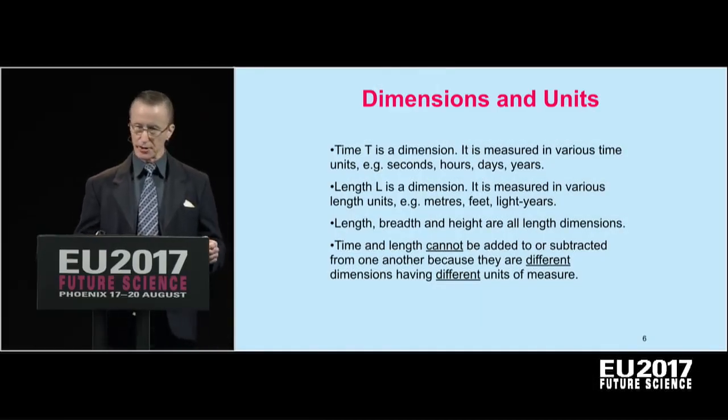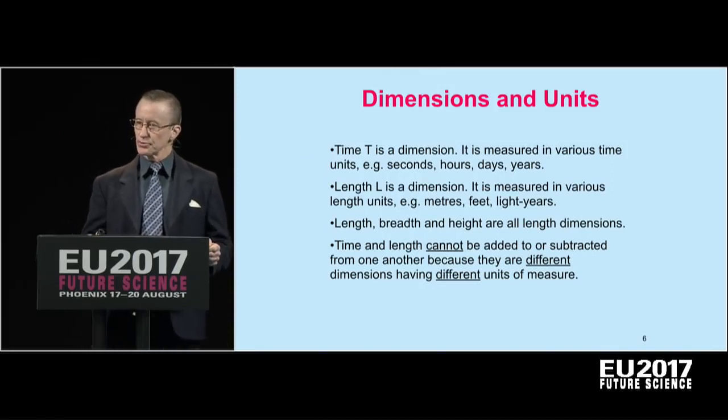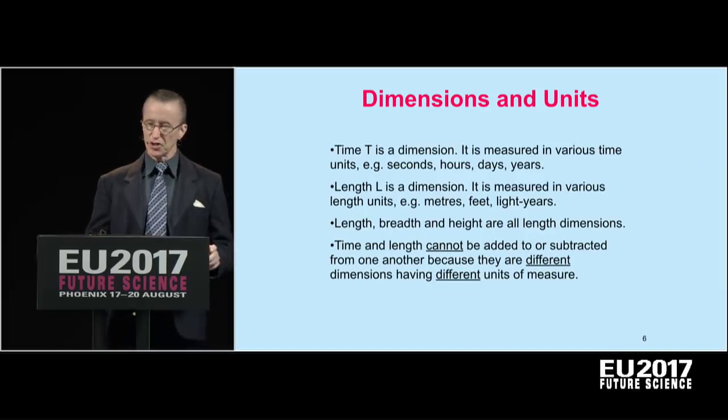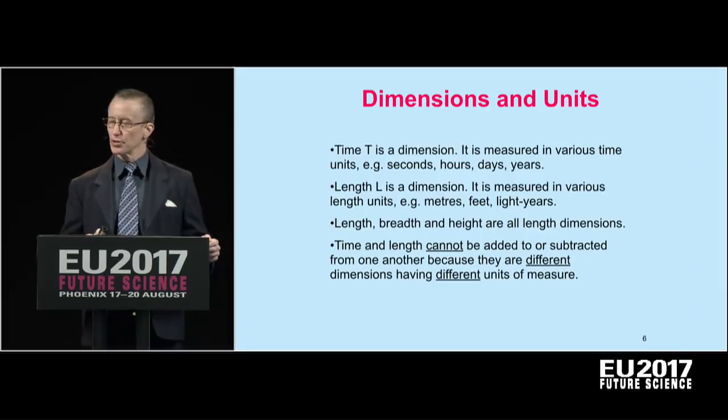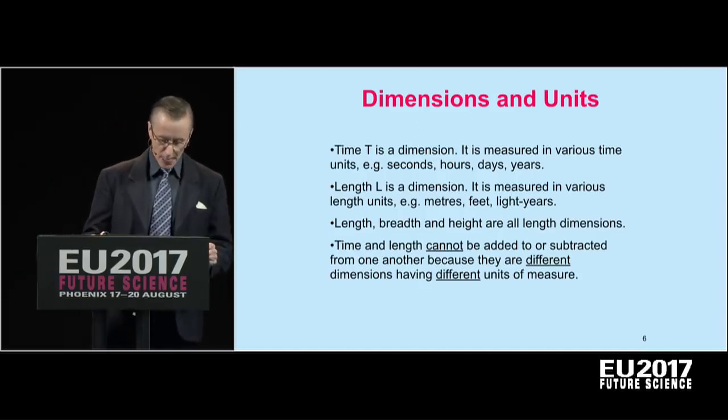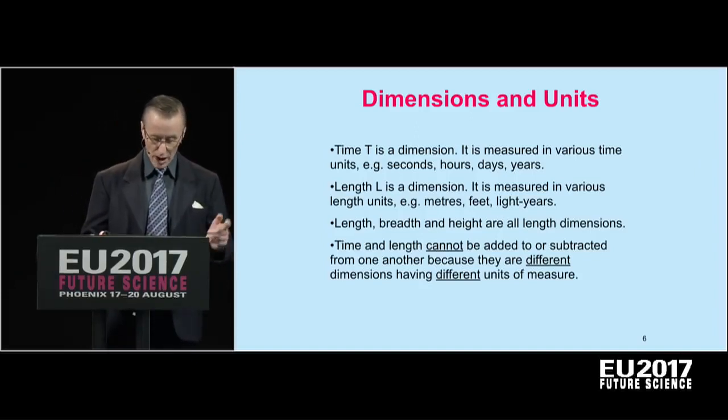So first I'd like to start off with a bit of a discussion on dimensions and units, because they're quite different. If we call time t, we can measure the time t in any kind of unit. We could use seconds or years, or hours and days. And if we call length L, we don't worry about the actual units that we use.